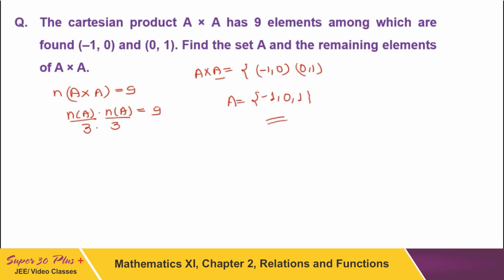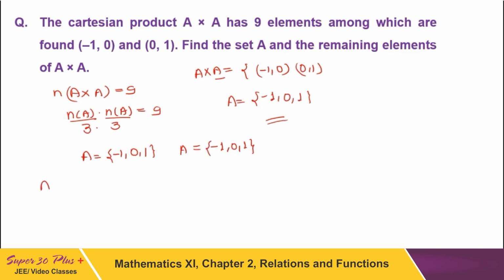Okay. Thus, we find the remaining elements of A cross A. How? A is minus 1, 0, 1 and again A is minus 1, 0 and 1.